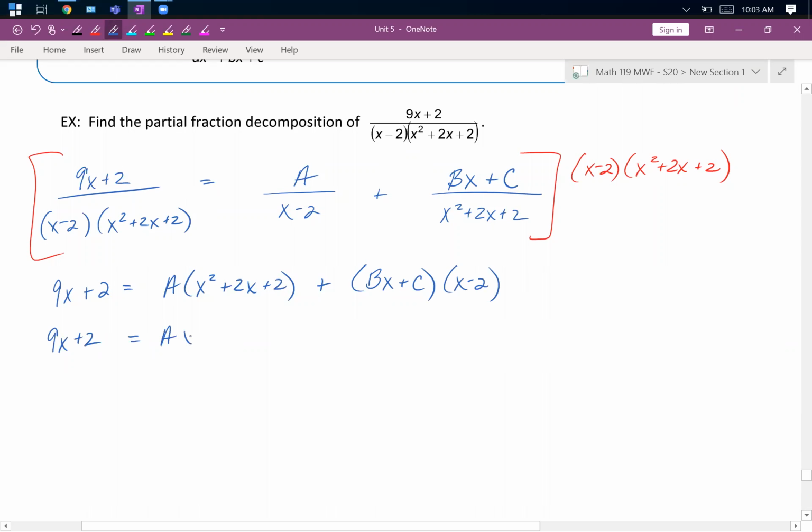So we get ax squared plus 2ax plus 2a plus bx squared minus 2bx plus cx minus 2c.